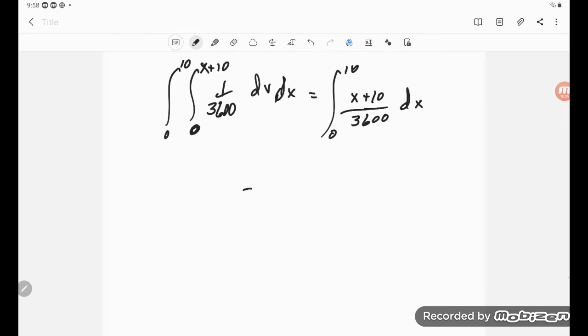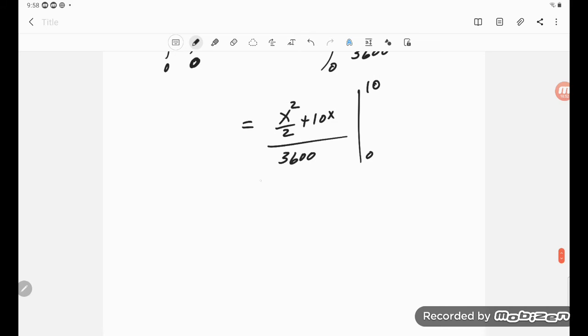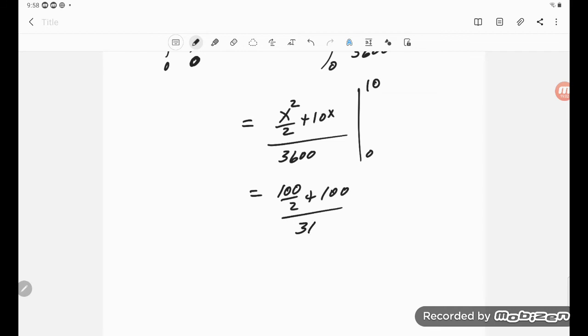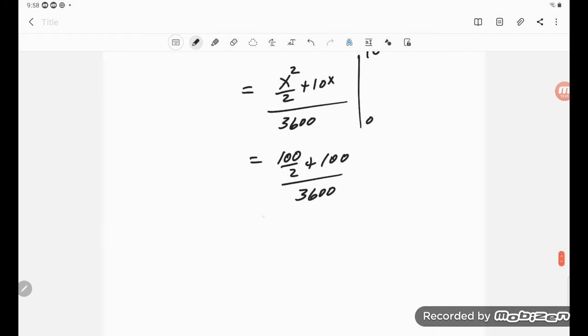And then here, we'll get x squared over 2 plus 10x all over 3600 from 0 to 10. And when we put that in, again, the 0 just goes away, so we get 100 over 2 plus 100 all over 3600, and that is 150 over 3600. So that's our first region.